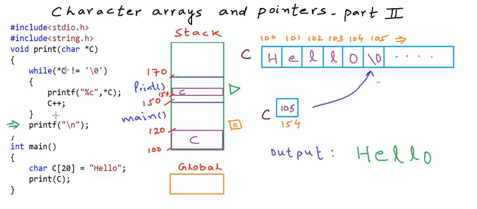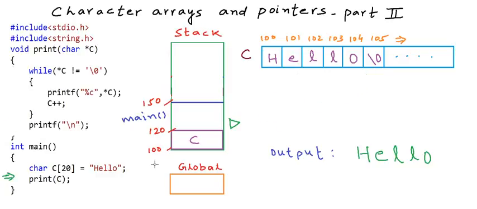We will come to this statement to print an end of line, and the execution of the print function will finish. So this stack frame for print will be cleared from the stack, deallocated, and now main will resume and finish. So with pointers we should always know what's going where in the memory.